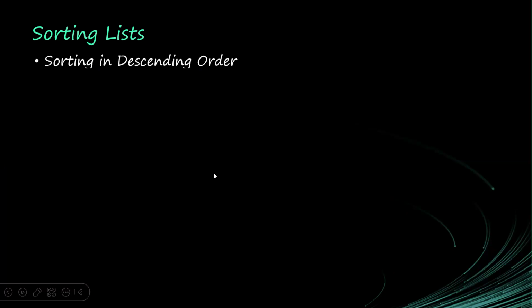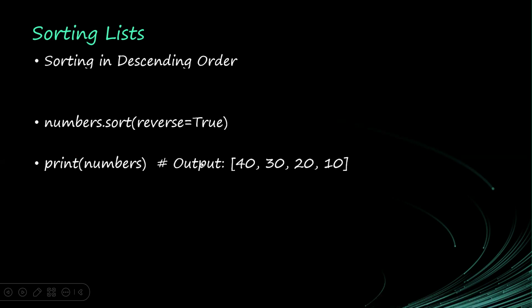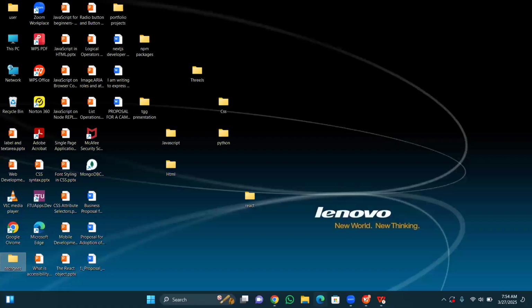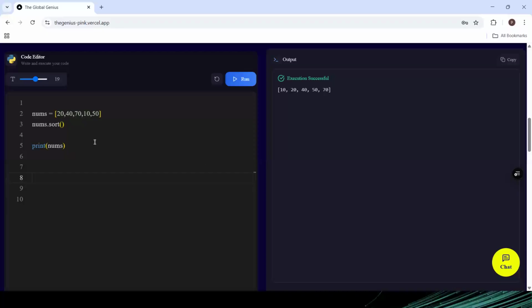You can also sort in descending order. One of the ways you can sort in descending order is that after sorting, you can call the reverse method on it. Or you can provide the reverse parameter inside the sort method. Let's do the two. First of all, we are going to provide this reverse parameter.